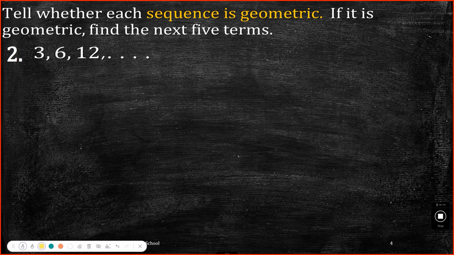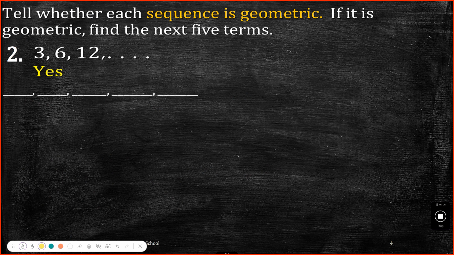If to get the next number we multiply by the same number, it is. 3 times what? 6 times 2, 12 times 2, yes it is, because we are multiplying by that same common ratio.